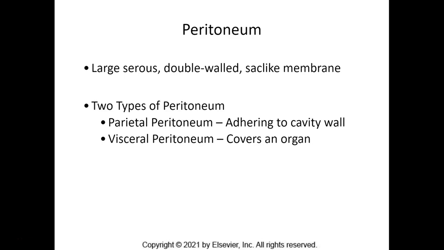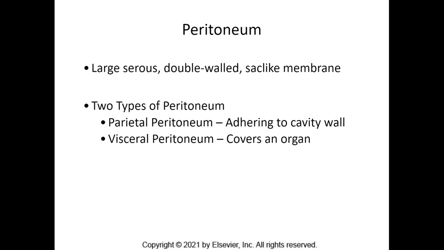There are 2 types of peritoneum: parietal peritoneum, which covers the abdominal cavity wall, and visceral peritoneum, which covers an organ, because remember, viscera refers to organ. Now, interestingly, the total surface area of the peritoneum is equal to the total surface area of the skin that covers our entire body. So the peritoneum is a large structure, much like our skin.